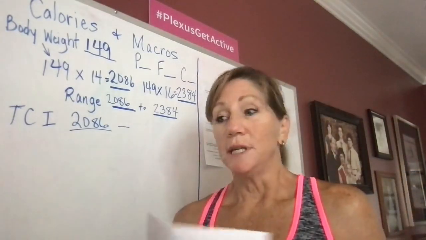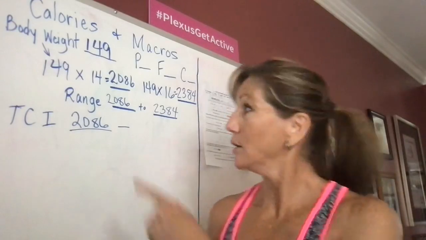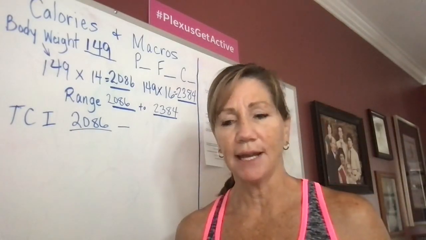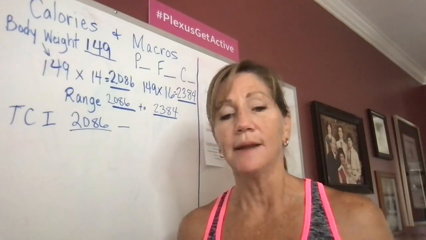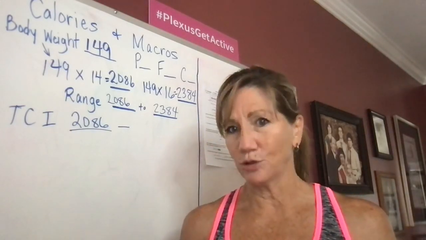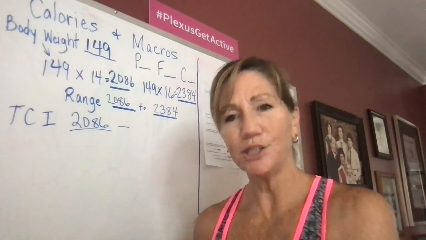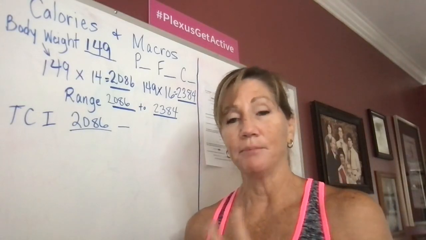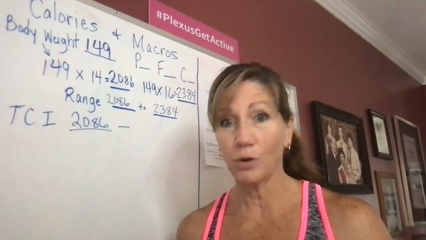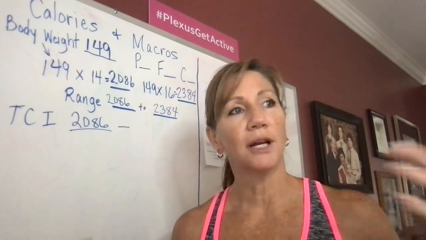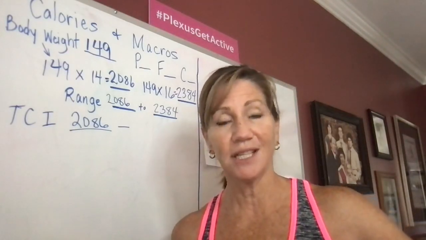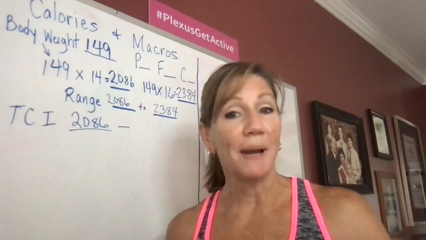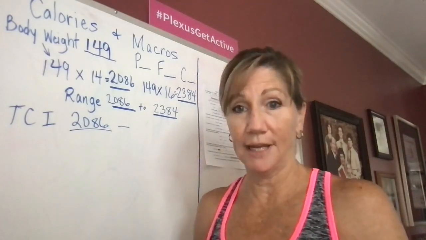If someone were supposed to be eating 2,000 calories a day, or for me, 2,086, and I subtracted 500 or 600 calories because I want to go aggressive, someone who wants to lose weight quickly, maybe 2 pounds a week, and I start just feeling hangry all the time, or I make it for a couple of days and then I quit and I binge to make up for the deficit, that's not going to help me out. So it might be smart to start with a 300 calorie deficit.